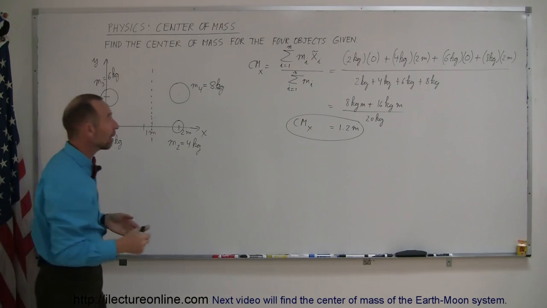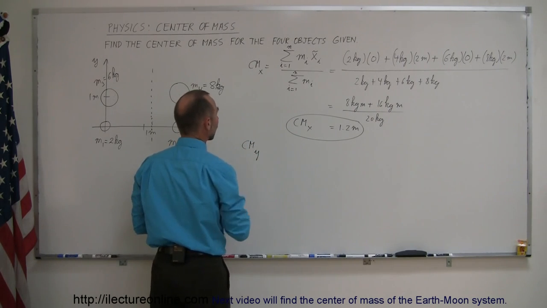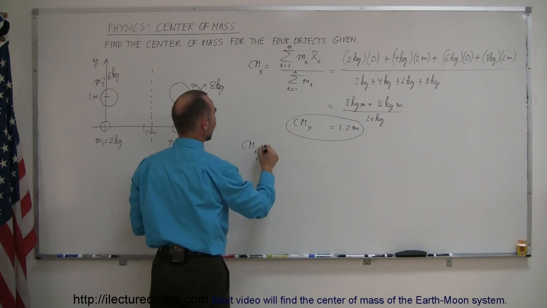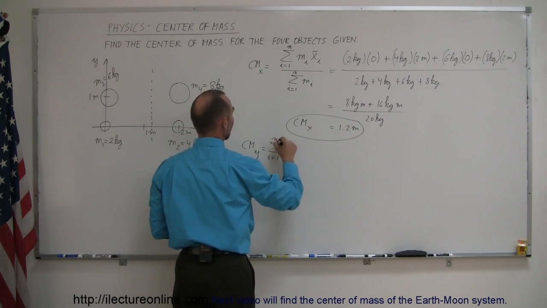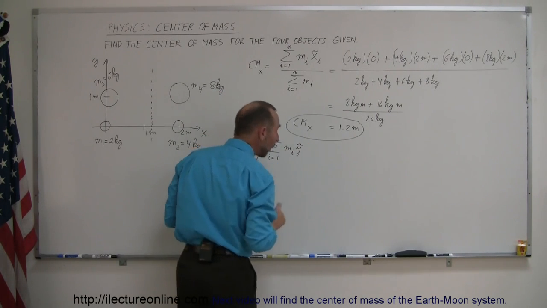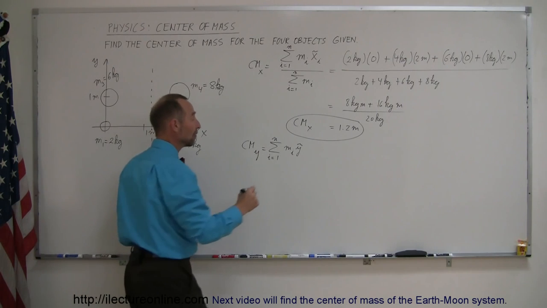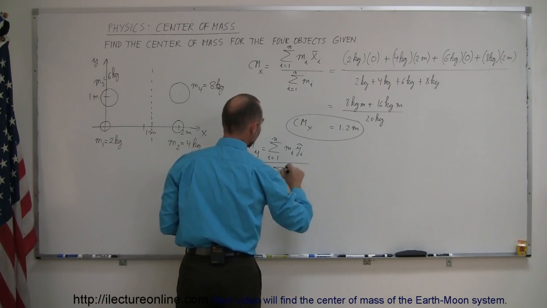So doing everything again for the y direction, the y-coordinate of the center of mass is equal to the sum from i equals 1 to n of all the masses times the y-coordinate of the center of mass of each of those, divided by the sum of all the masses from i equals 1 to n.